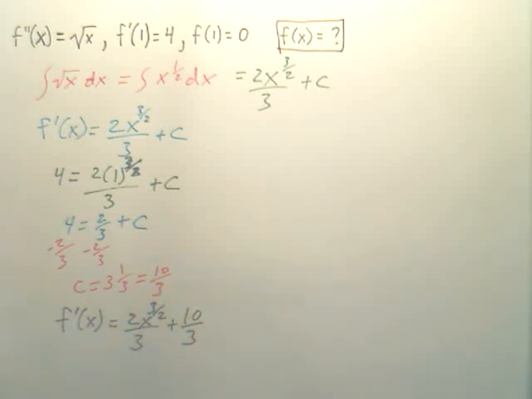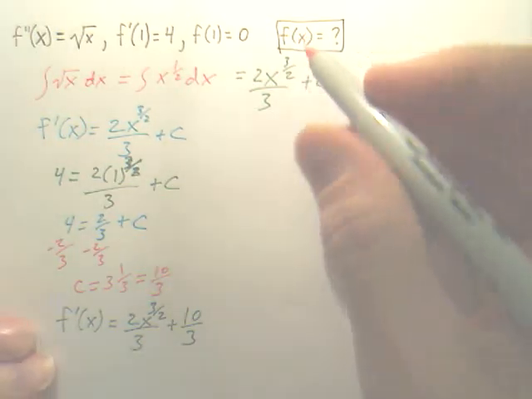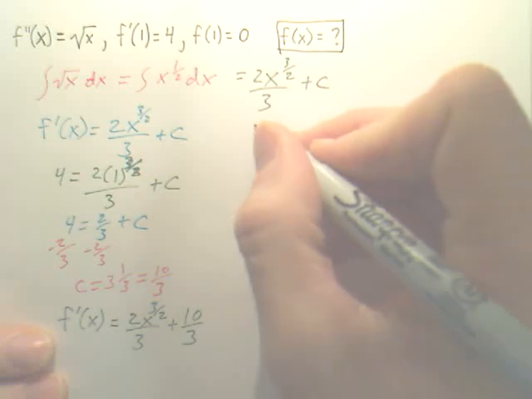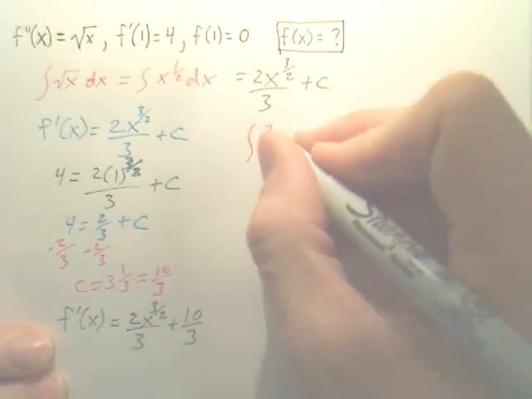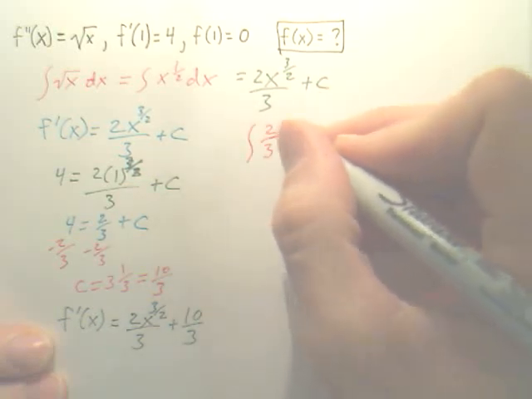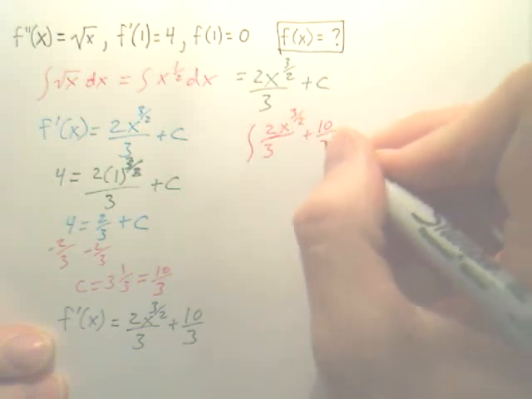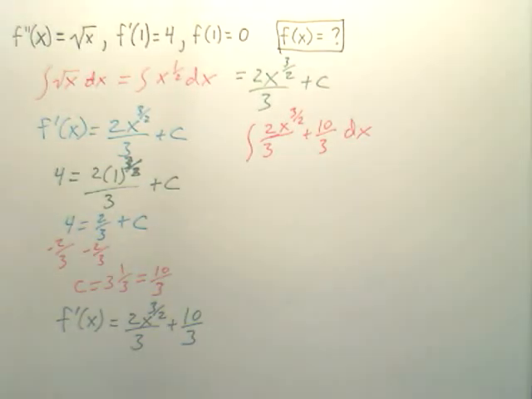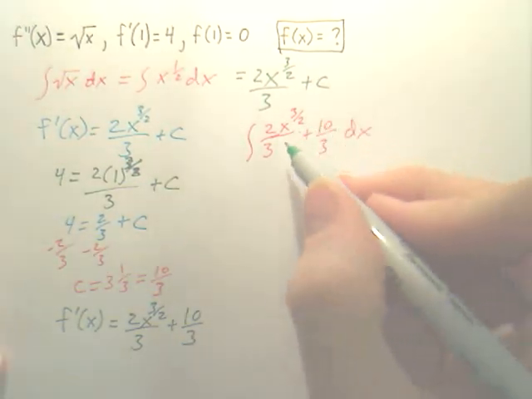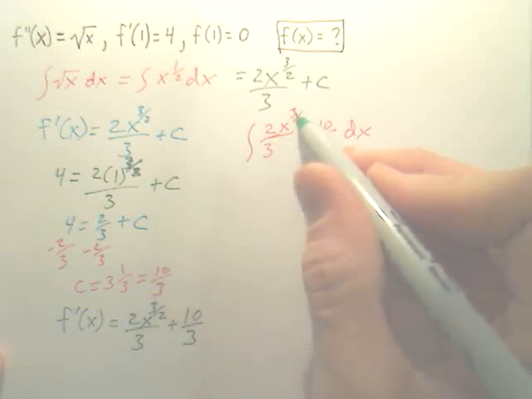Okay, is that what we're asking for? No, we're asking to go one step back. We now want to go one more back, to f of x. So to get that, we're going to integrate this. To integrate this piece, we add 1 to the exponent.